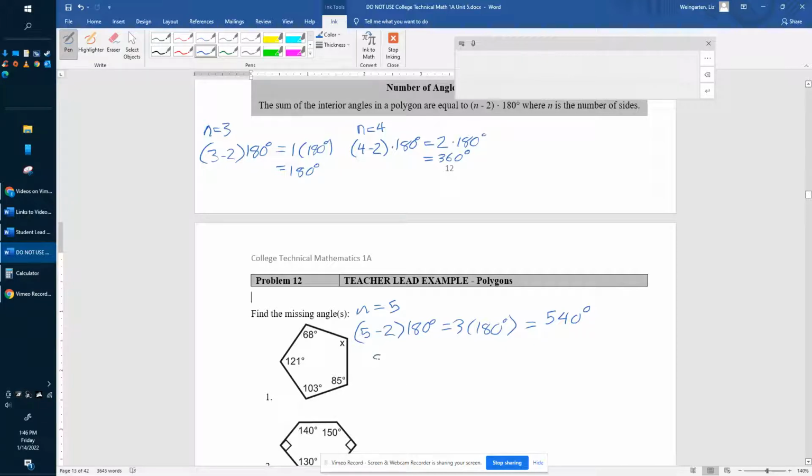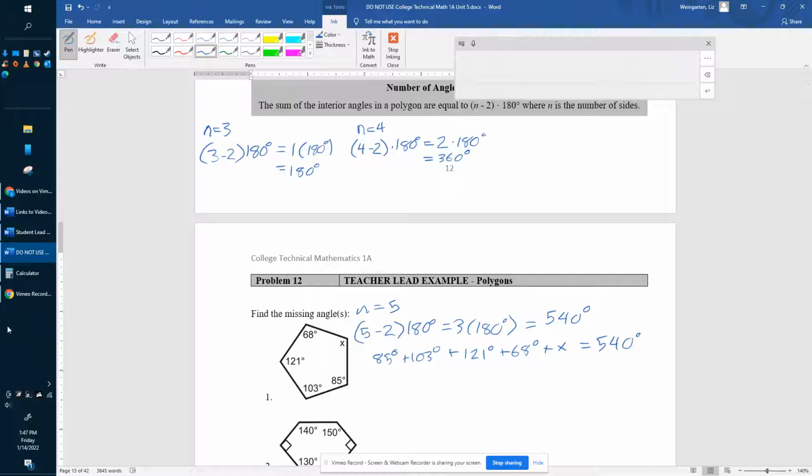So let's figure out what that missing angle is. We'll take 85 degrees plus 103 degrees plus 121 degrees plus 68 degrees plus x, and that is equal to 540 degrees.